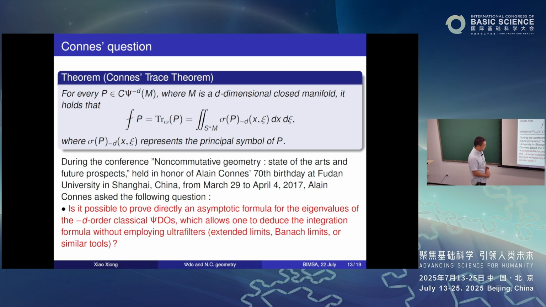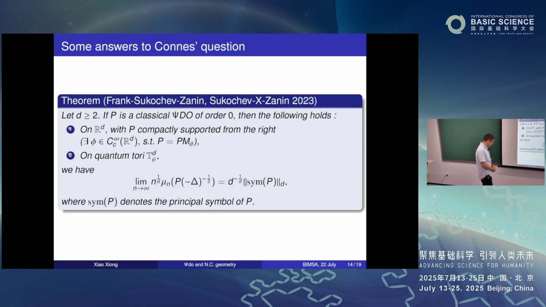is it possible to prove directly the asymptotic formula, but without using tools like extended limit or Banach limit. This was the question, and we are able to answer the question in these two situations.